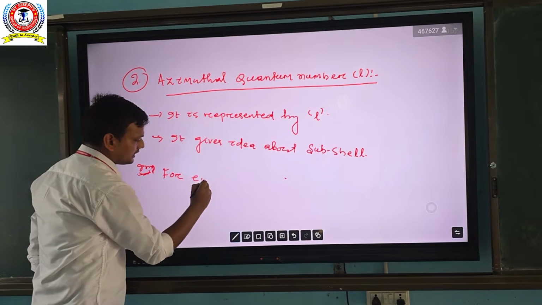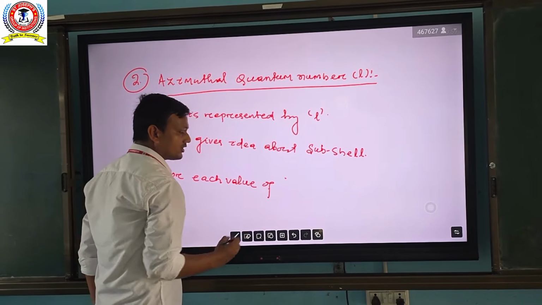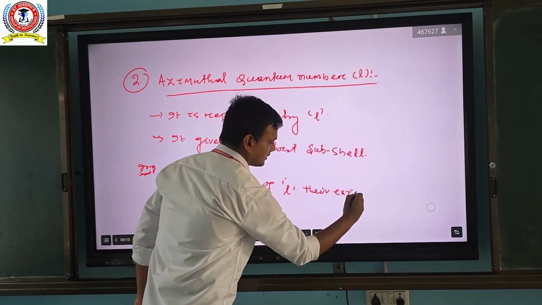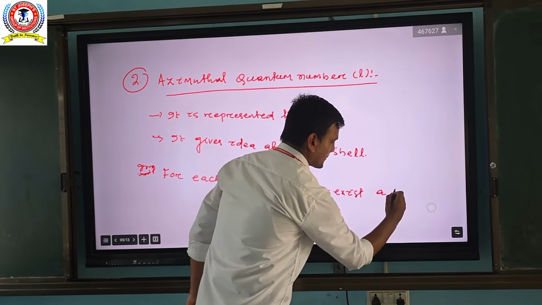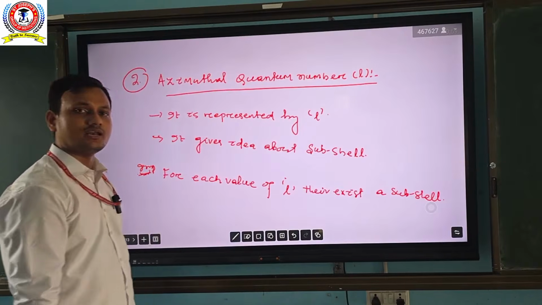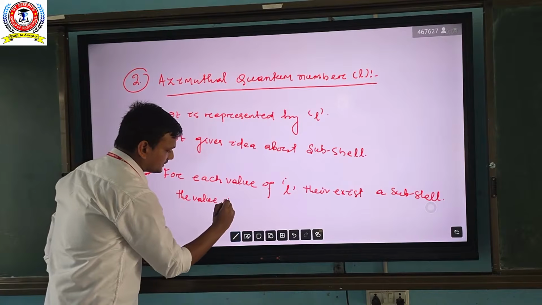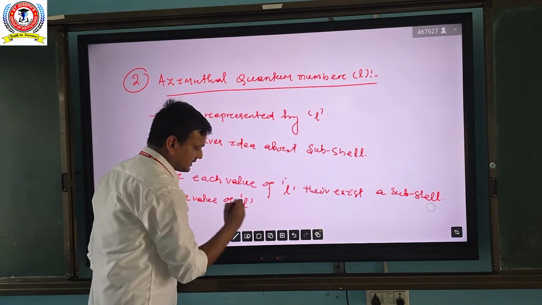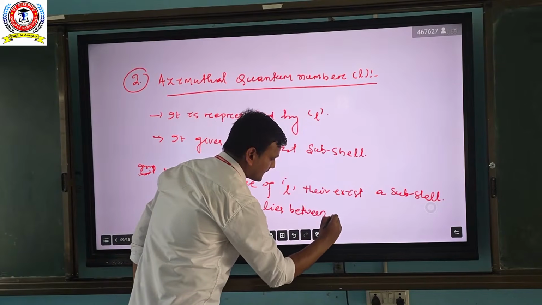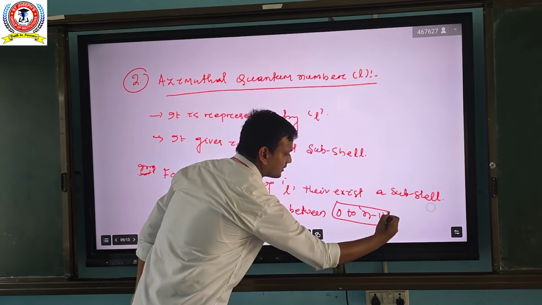For each value of L, there exists a subcell, and the value of L lies between 0 to n minus 1.